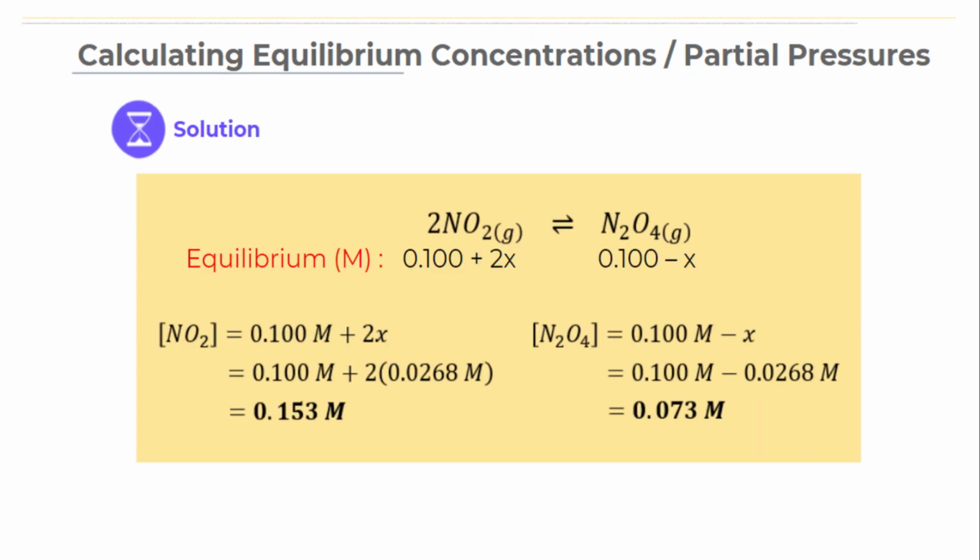Plugging in the value of x in the expressions for the equilibrium concentrations, we get nitrogen dioxide is equal to 0.153 molar and dinitrogen tetroxide is equal to 0.073 molar.